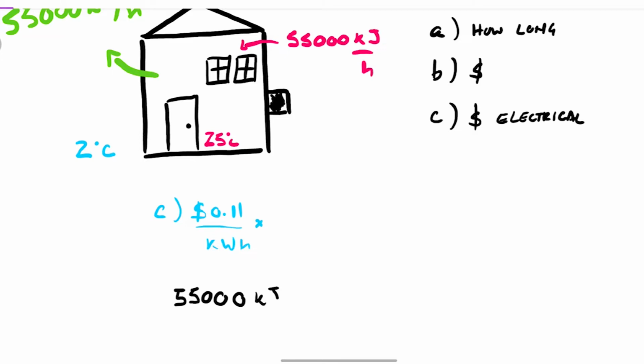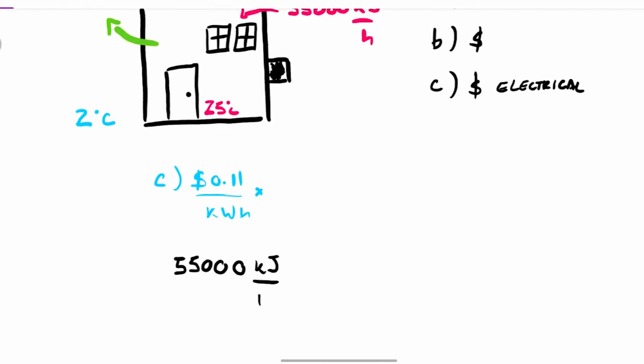So this is kilojoules per hour, and we know that for every 1 hour we have 3,600 seconds, right? So 55,000 divided by 3,600 will be approximately 15.28.